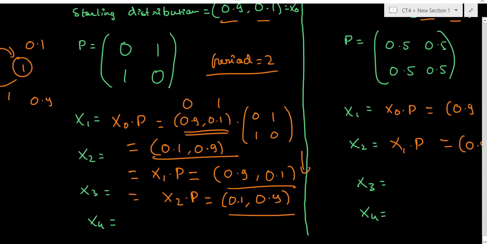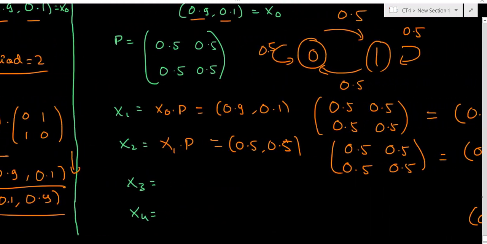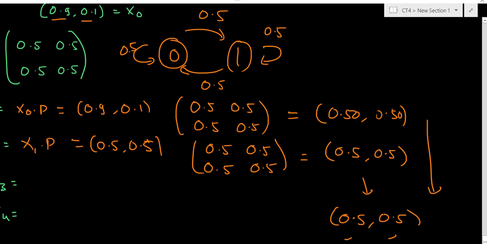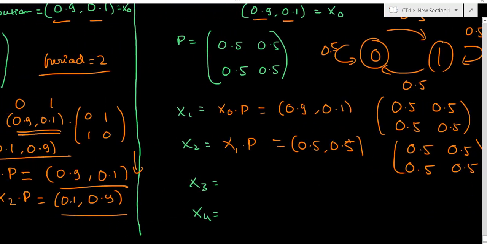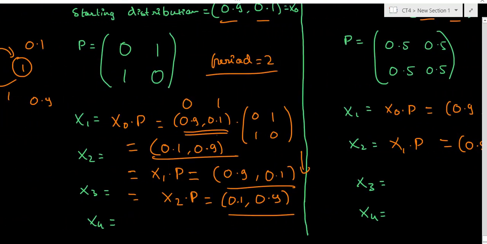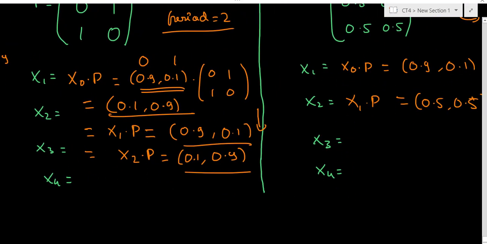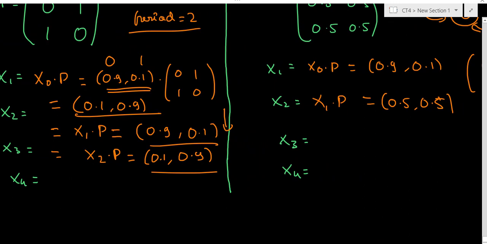Here it will always be 0.5 and 0.5, while there it depends on how many people started in state 0 and how many in state 1. That is why, if a Markov chain is aperiodic, it settles down into its stationary distribution in the long run.